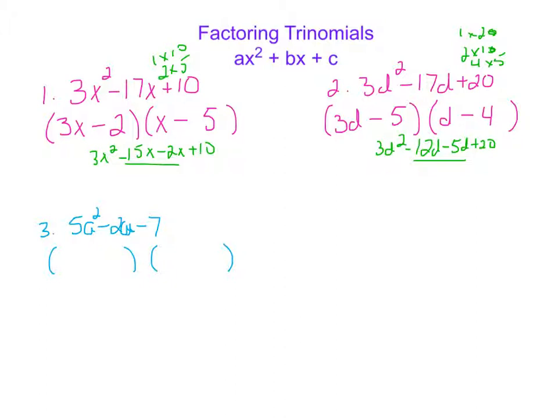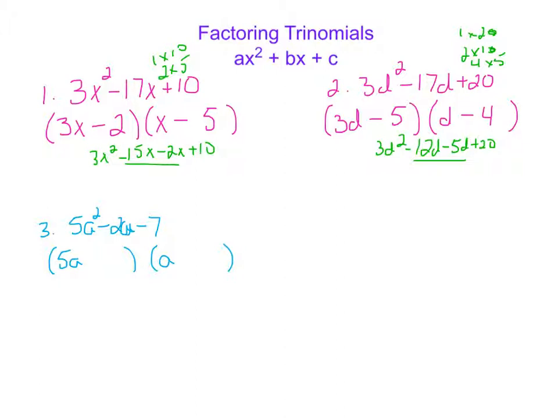So I know that I will have a 5a and a 1a. If it's a negative 7, that tells me my signs are different, so I'm not going to fill anything in there. And with 7, our only factors are 1 and 7, but where am I going to put them? If I'm looking to get a 2, well, if I put a 7 over here, 5 times 7 is 35, and that's going to be way too high.